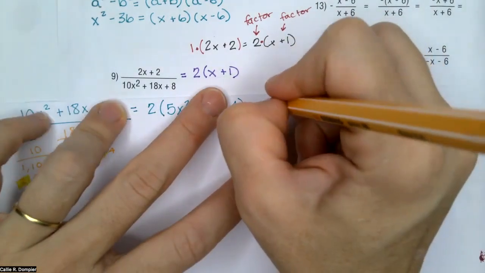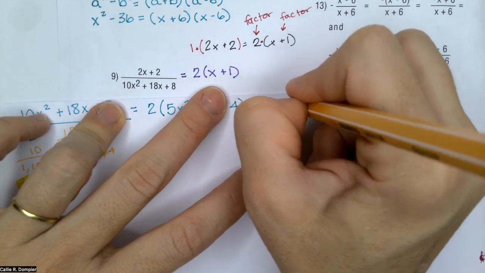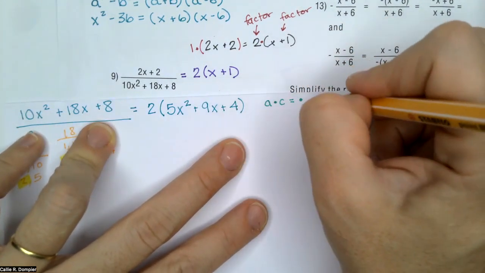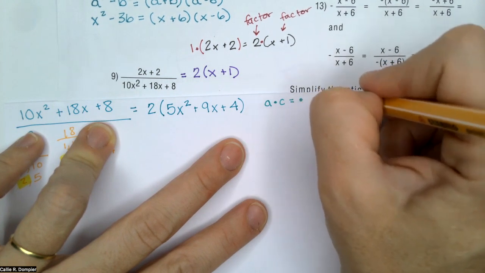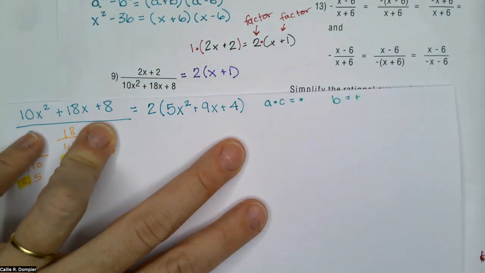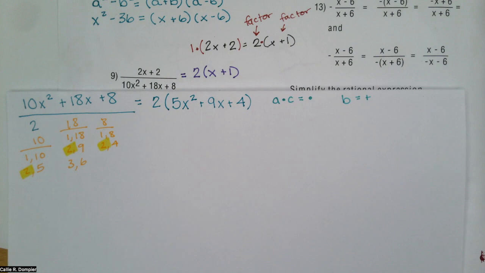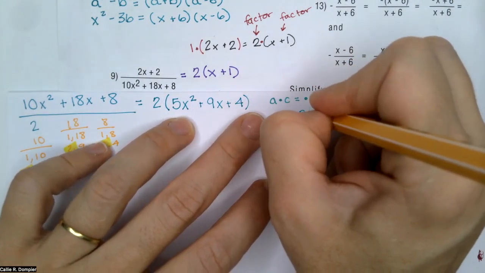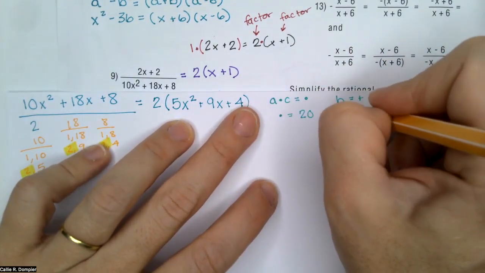The two factors need to multiply to equal a times c, which is 5 times 4, which is 20, and they need to add to equal b, which is 9.